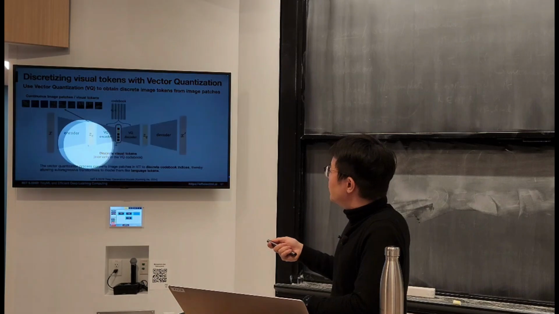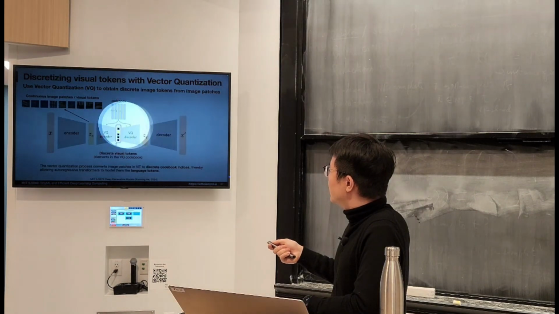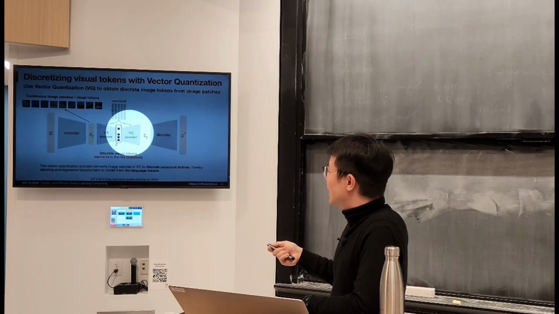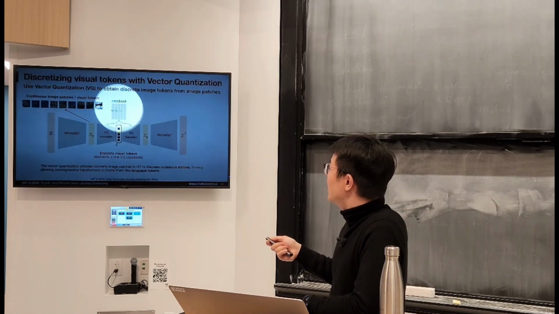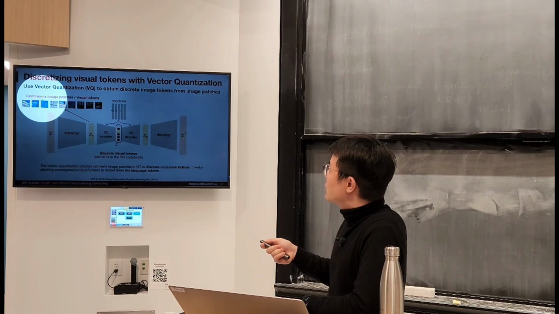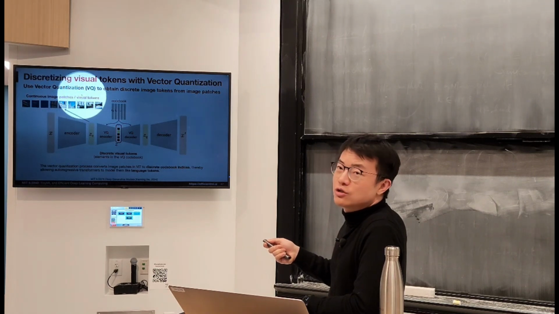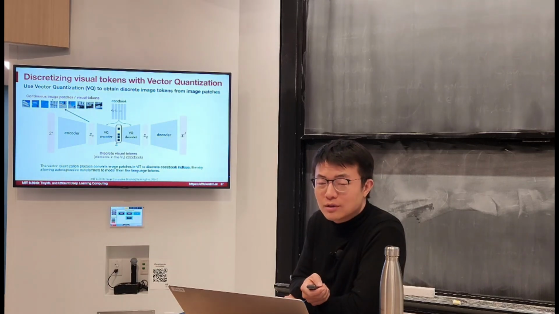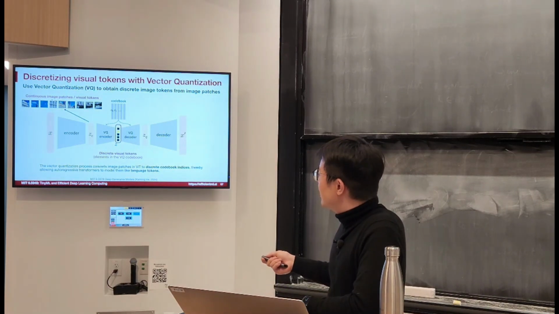Previously we had an encoder and decoder. Now we add a vector quantized encoder and vector quantized decoder together with a codebook. So we turn those continuous image patches, these visual tokens, into discrete image tokens. Then we can decode them.